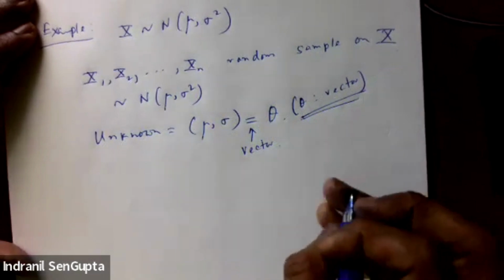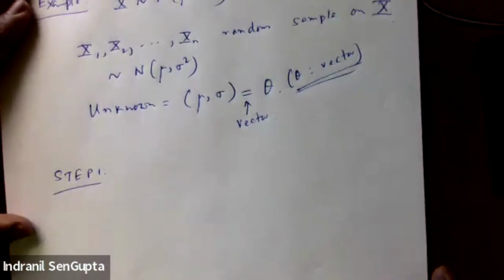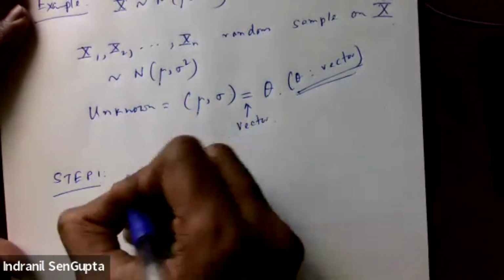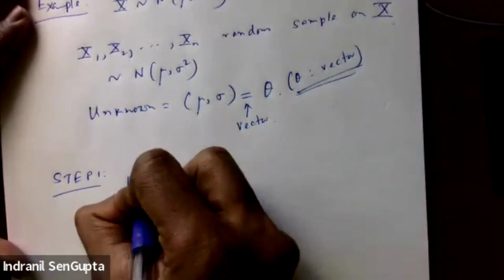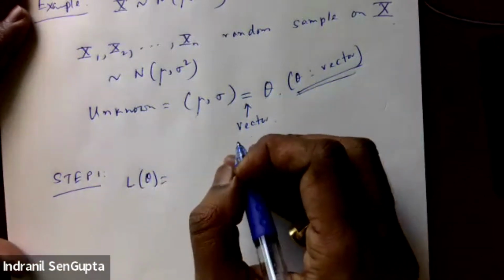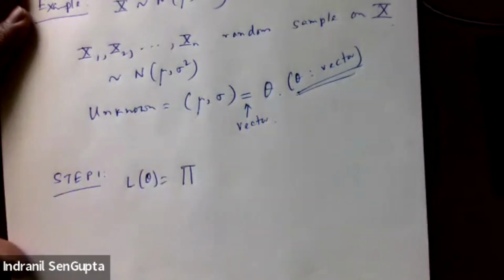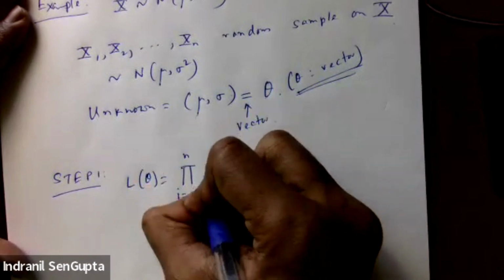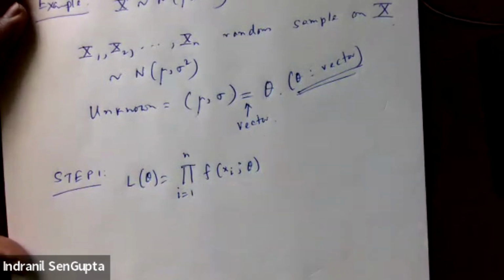Step one is now fairly mechanical: write the likelihood function. So what is L of theta? We have a bunch of normal distributions, so we have the product from i equals 1 to n of f of xi theta, and theta is a vector here.